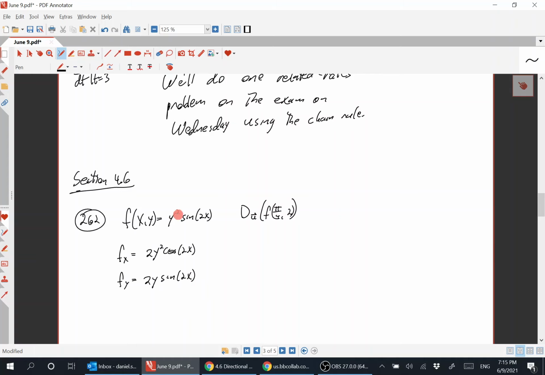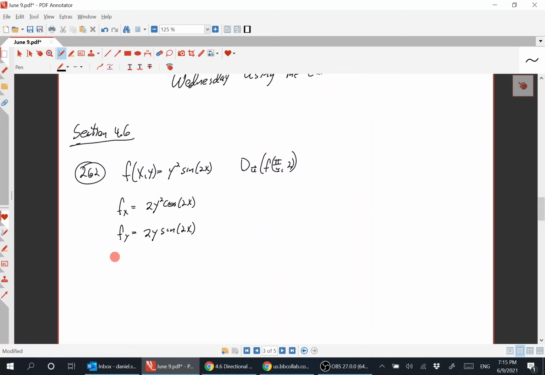The derivative of y squared is 2y and the sine 2x is a constant. So the gradient of f is the vector of these partial derivatives.